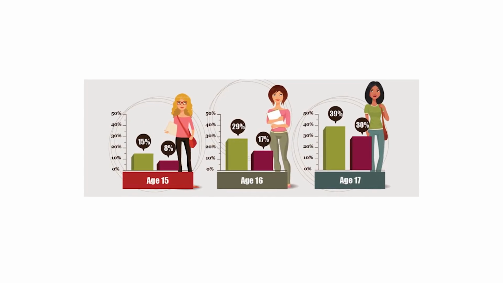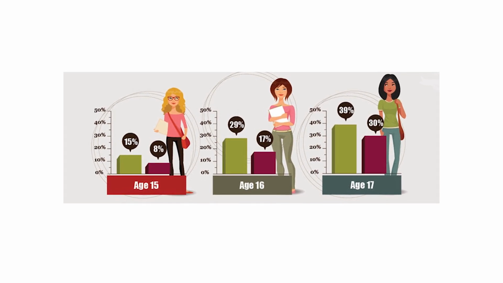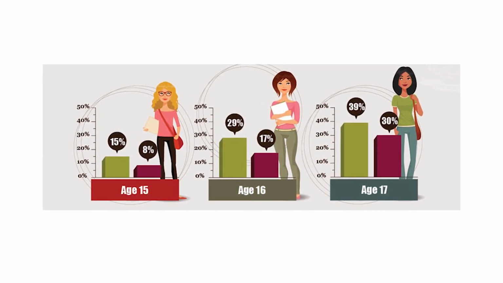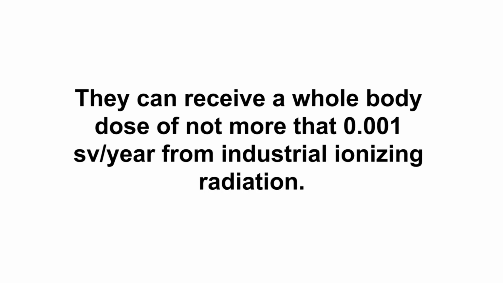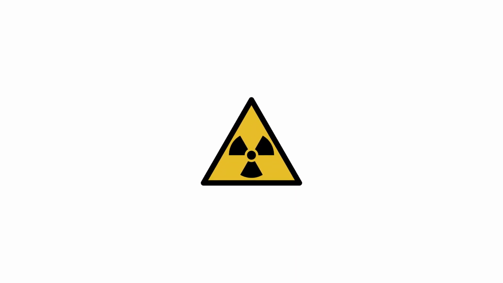Persons under the age of 18 years are also limited to 0.005 sievert per year. For non-radiation workers and the public, it is 2% of the annual occupational dose limits. They can receive a whole body dose of not more than 0.001 sievert per year from industrial ionizing radiation.